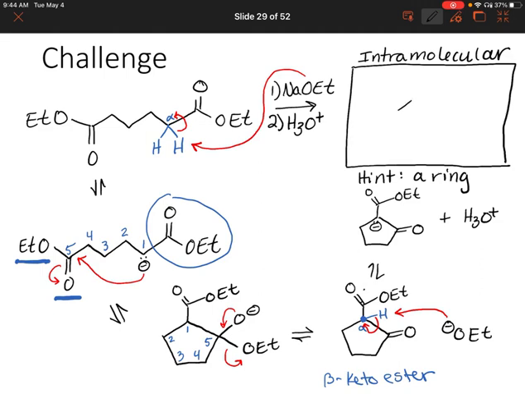And we end up with, ooh, I can draw a better 5-membered ring there. That was a little rough. That's a little better. And now we have our final product. So we've got our beta keto ester. And this was all formed using one molecule.